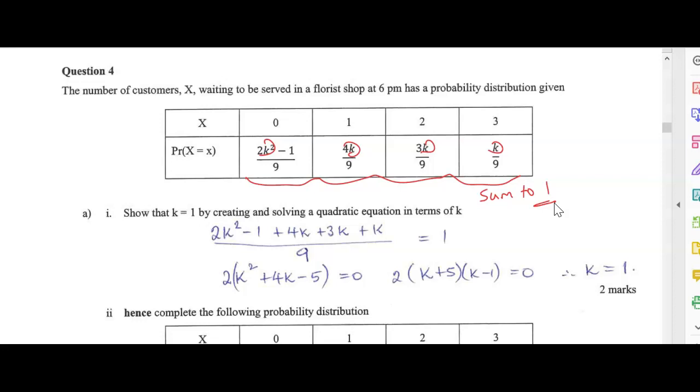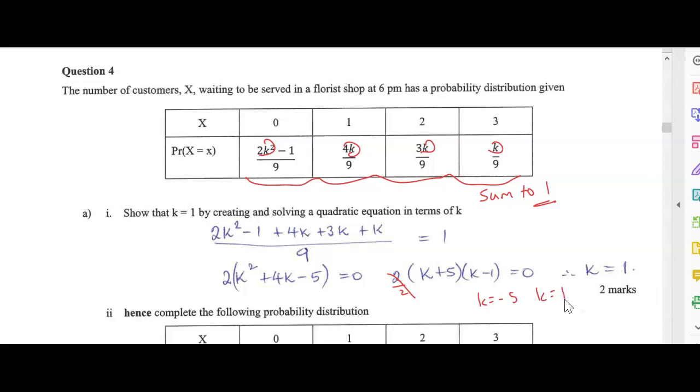And then just solving by hand, an easy quadratic to do. Looks like 2 has been taken out as a common factor, and then you can divide both sides by 2 to get rid of that. And then you get K plus 5, K minus 1. Now that means K is equal to negative 5 and K is equal to 1.